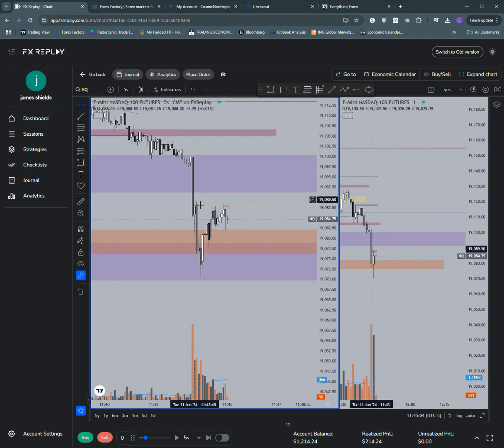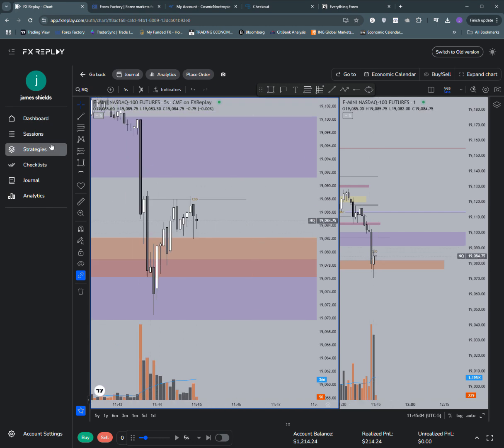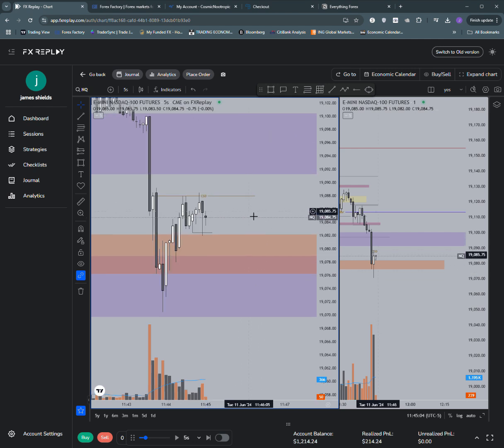So price can just run this high to trade lower. But I do like how we ran out these lows. And let's just see this slowly.